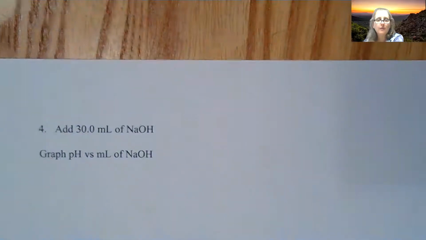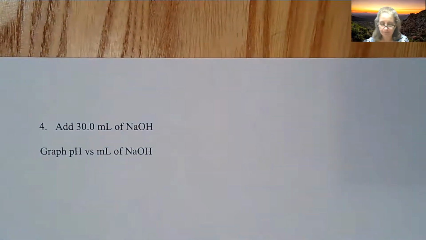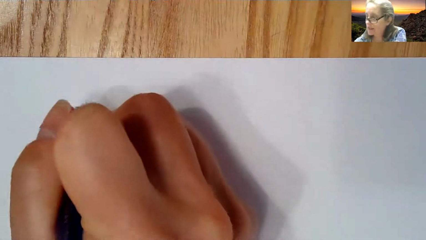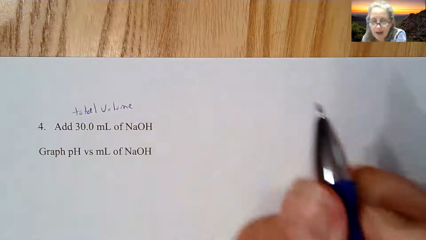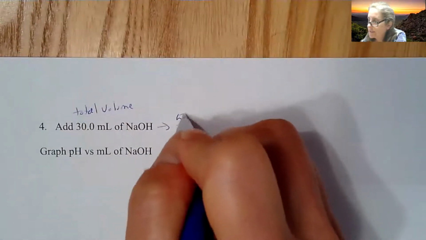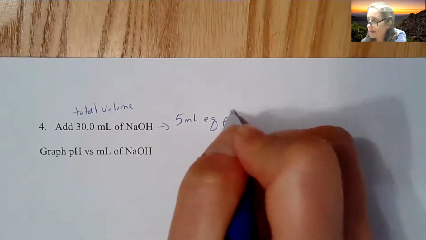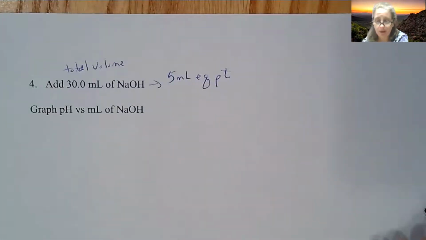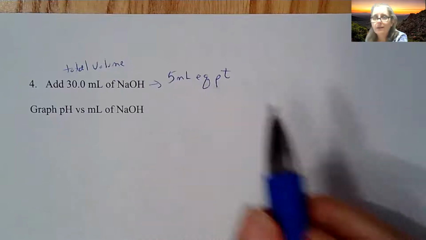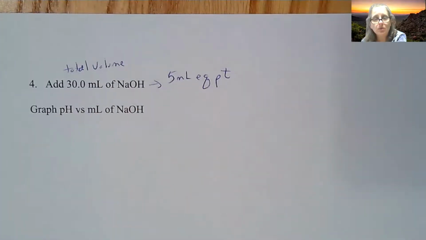So there's one other step, and that is, what if I added 30 mils of NaOH to that? Okay, so again, this is my total volume. So I do 5 mils after the equivalence point is really the only thing I do with this calculation to minimize the amount of work I have to do. So I know that all of the H has been neutralized and all I have is leftover OH.